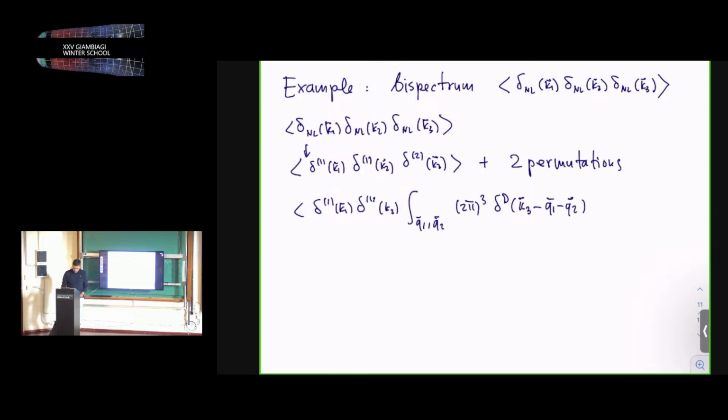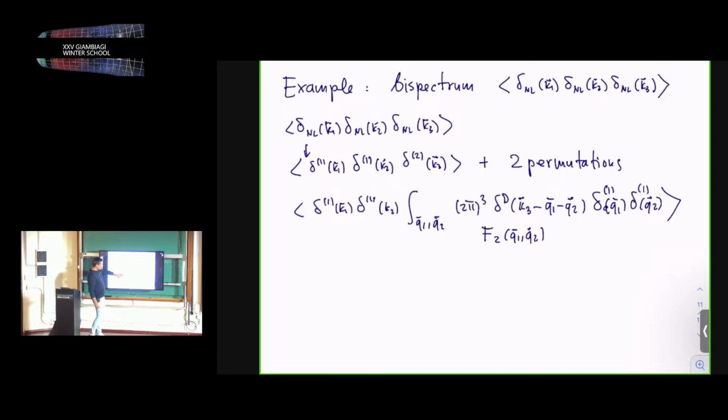And then delta of q1, delta of q2. Okay? So this is what we have to compute. Of course, these two fields are linear fields. And now, sorry, there is the most important thing missing, which is F2 of q1 and q2.